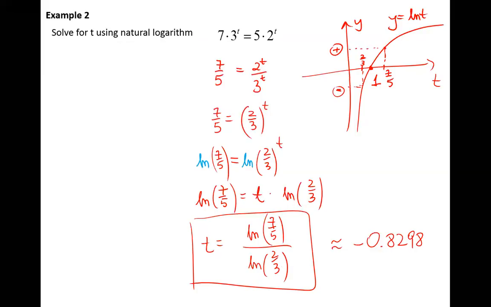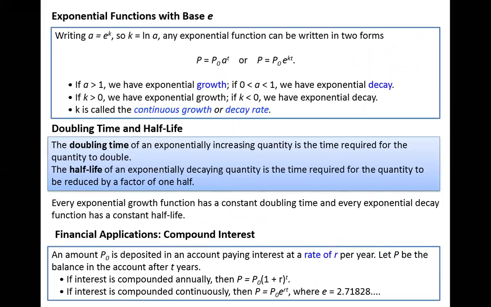Okay, that means that's the combination of logarithmic and exponential forms. Now, let's see what else we have. We do have, as I mentioned, lots of quantities in nature that behave like that. That means we will have an exponential model, an exponential function, the natural exponential function because the base is e.